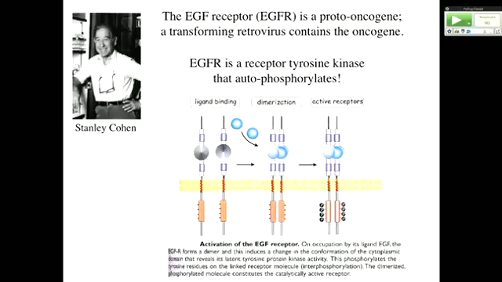The first and main substrate of this receptor is an autophosphorylation within the dimer. So this encodes the catalytic domain of a tyrosine kinase, in which, in the dimer, one kinase phosphorylates the other member of the dimer. And you get multiple phosphorylations on tyrosines within the receptor itself.